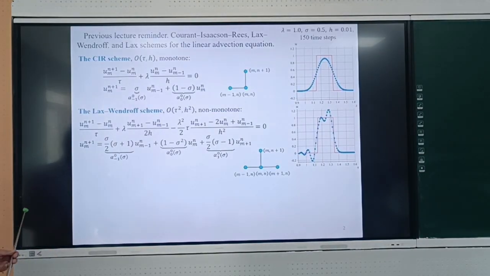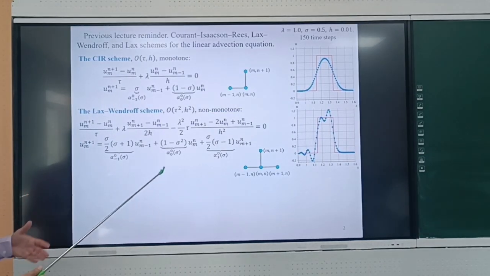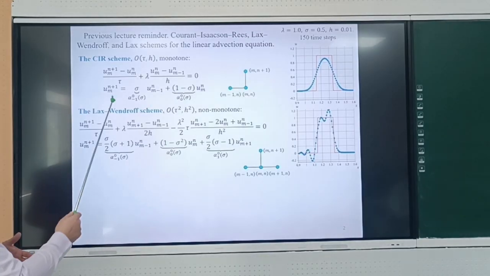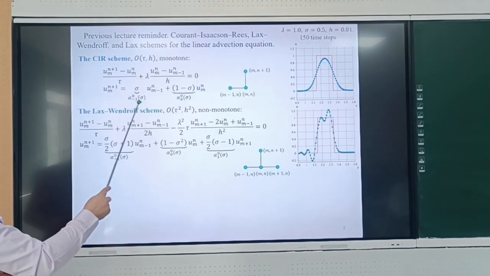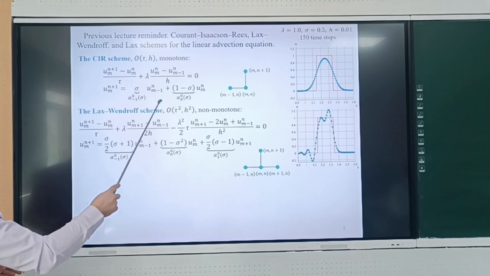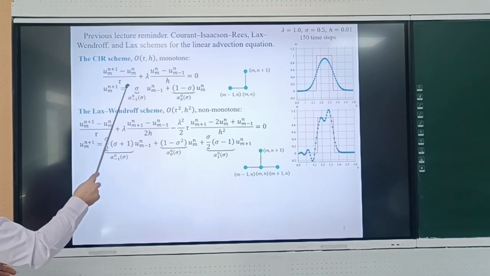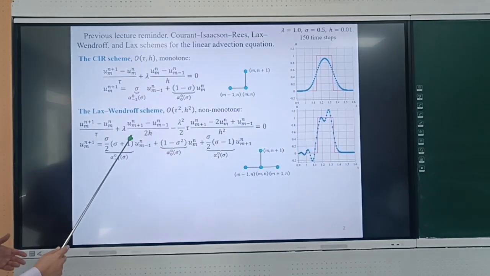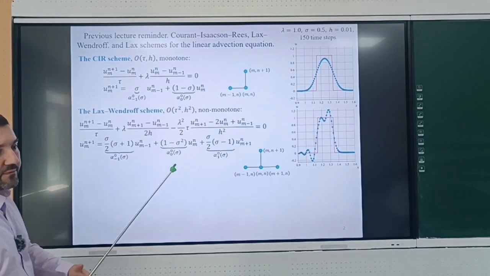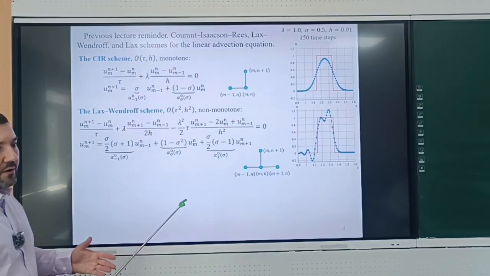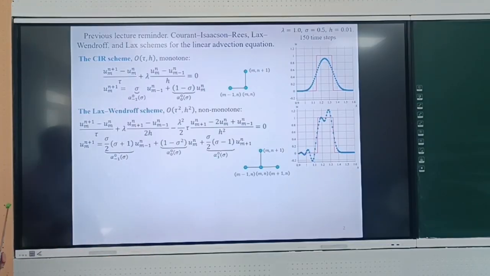We discussed that each scheme can be rewritten in the form of a linear combination of shifted grid function values with unknown coefficients, if we would like to build the whole family of numerical schemes of a certain accuracy order.